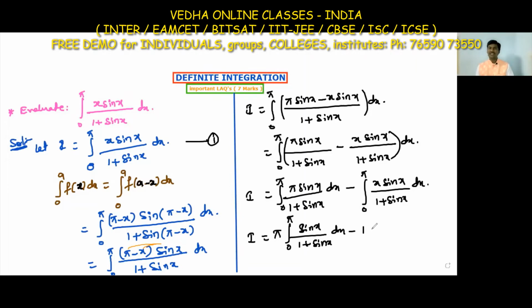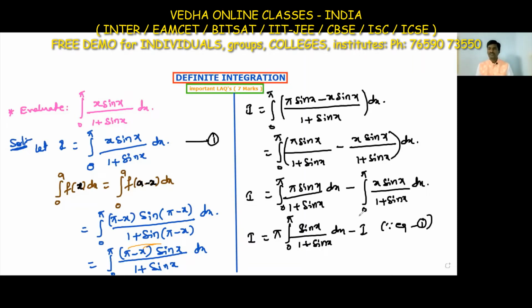It is I, it is a term. So we can write it as I, since it is the same as whatever is given in the question. So just replace with I. Since from equation 1, take this minus I to the left side.